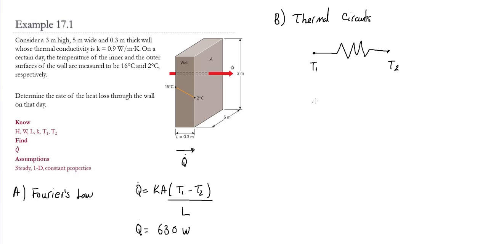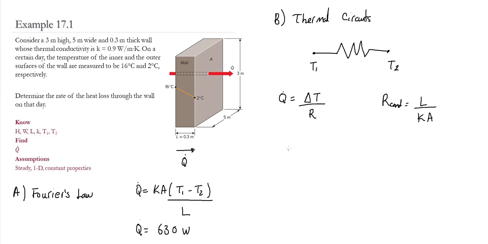Okay? We also know that the rate of heat loss is related to the change of the temperature divided by the resistance in between the two temperatures. The resistance in this case is a conduction resistance, and we define the conduction resistance simply as the length divided by thermal conductivity times cross-sectional area.